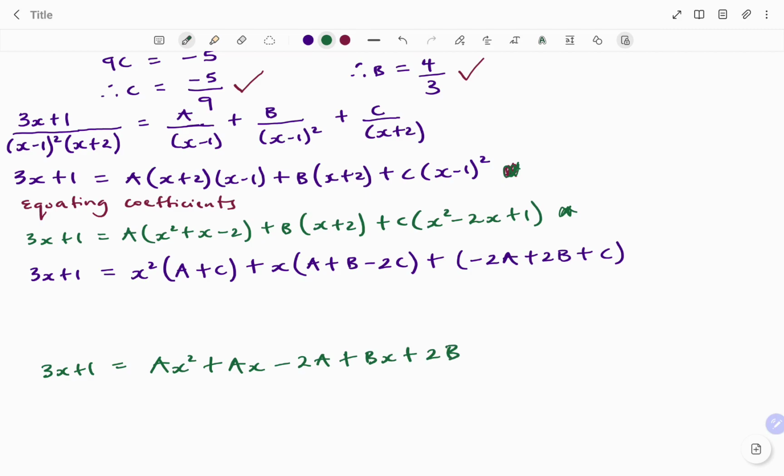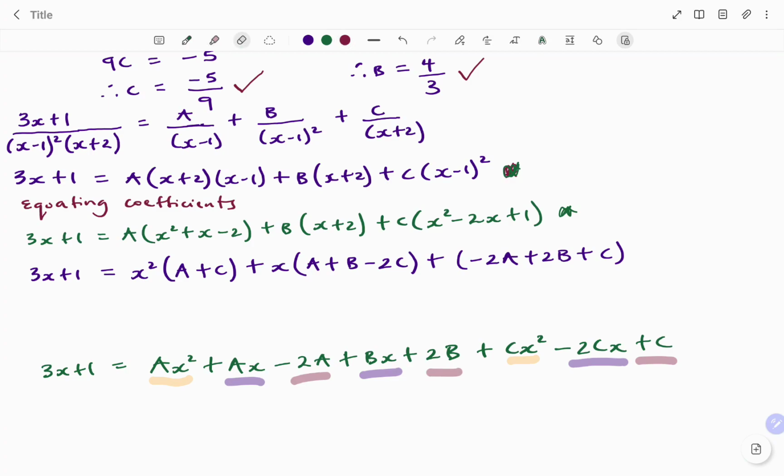Then expanding the c, I have plus cx squared minus 2cx and plus c. So if I color code factors having coefficients of x squared, those would be highlighted in orange. Factors having coefficients of x would be plus a, plus b, and minus 2c. And for the constants, I have minus 2a, plus 2b, and plus c.